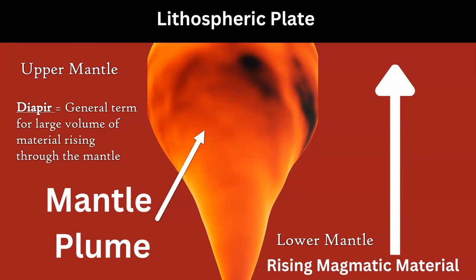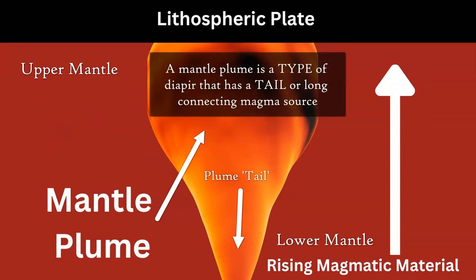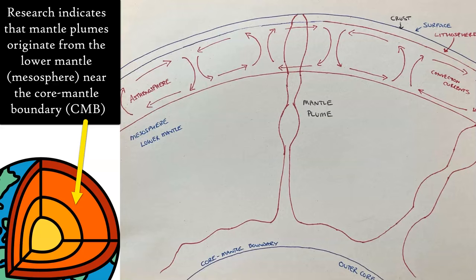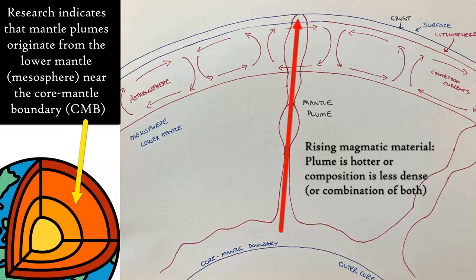This large volume of magma is generally at the core mantle boundary, heated by the insane heat from the outer core, and rises up through the lower mantle or mesosphere into the asthenosphere or upper mantle, through the convection currents and towards the lithospheric plate, the lithosphere and the crust.